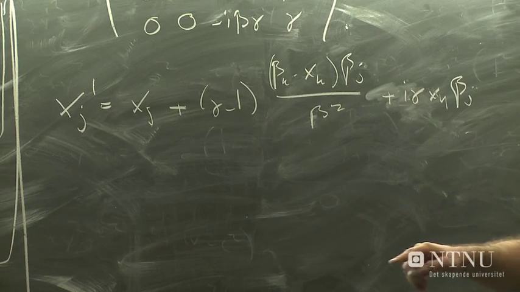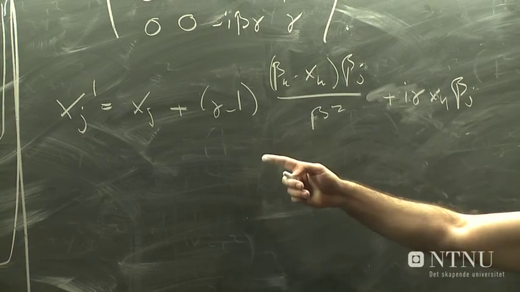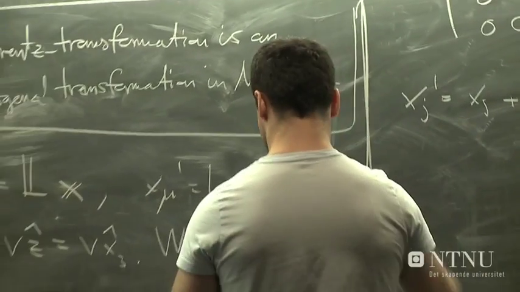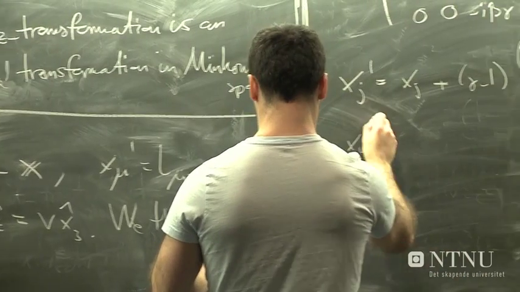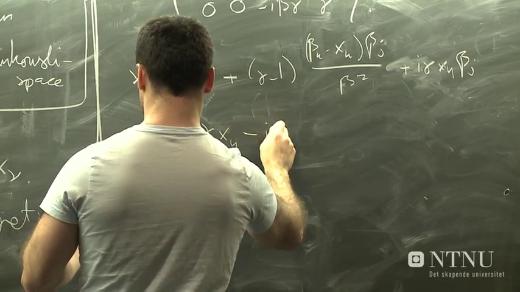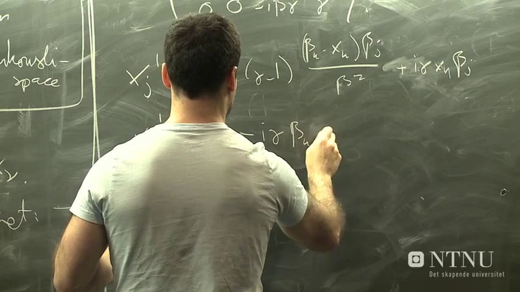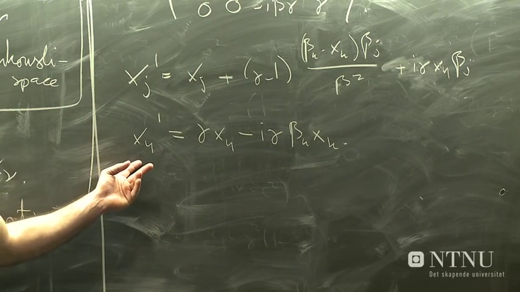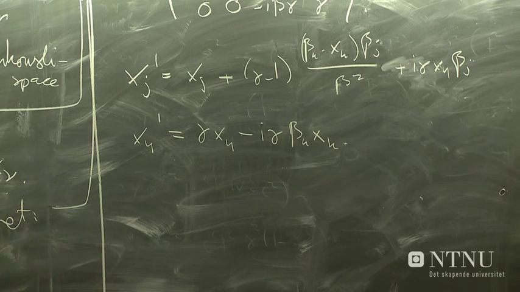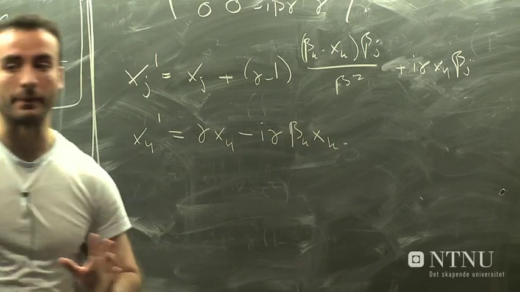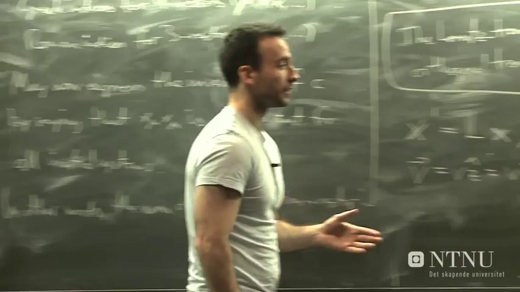And so the jth component of the upper equation is written like this. The lower equation is written like this. So again I exchange time for x4 and then insert the product between beta and r, which are both 3 vectors, so we use Roman indices.